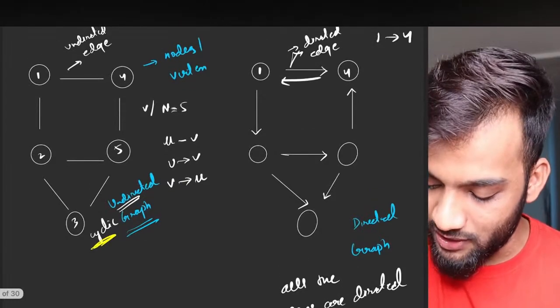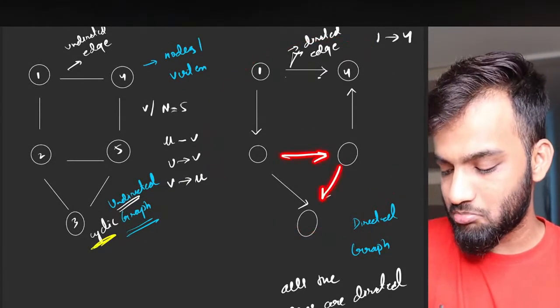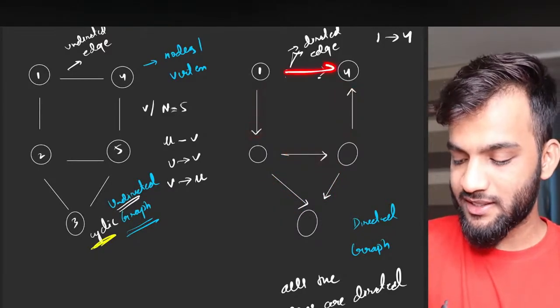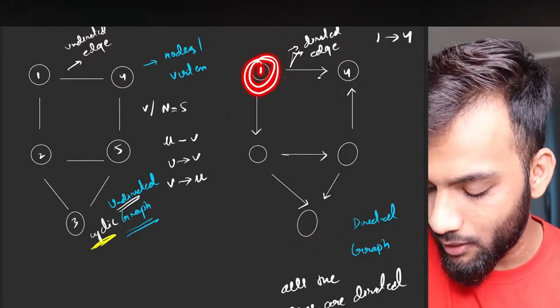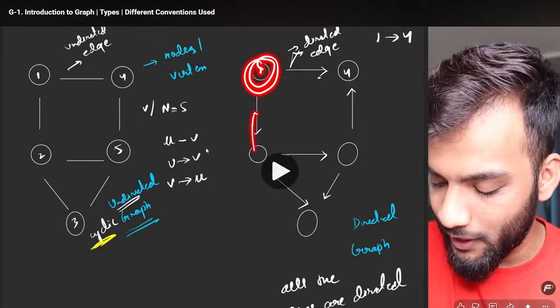Now, let's come back to this example and let's omit this. Now, this is a directed graph. Do we see a cycle over here? No. Do we see a cycle here? No. Do we see a cycle here? No. So this directed graph does not have a cycle because we are starting at 1 but we are not ending at 1.